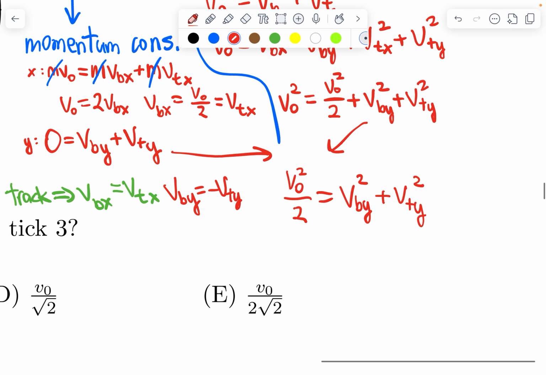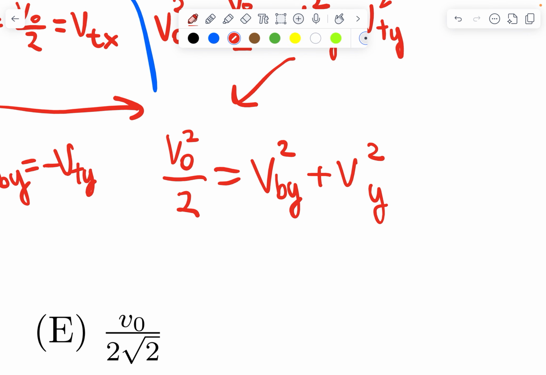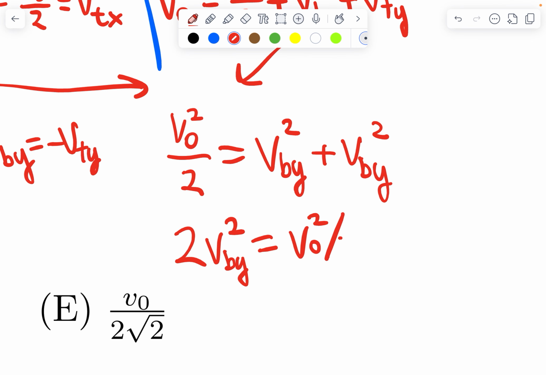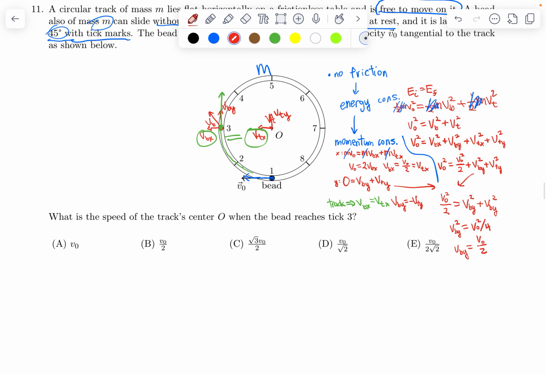Because vby equals negative vty, it's just equal to 2 vby squared. So 2 vby squared is equal to v naught squared over 2. And we divide both sides by 2, we get this. And after we take the square root of both sides, vby is equal to v naught over 2. Okay, so we got this.